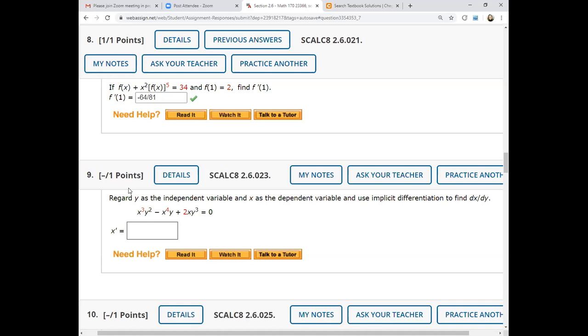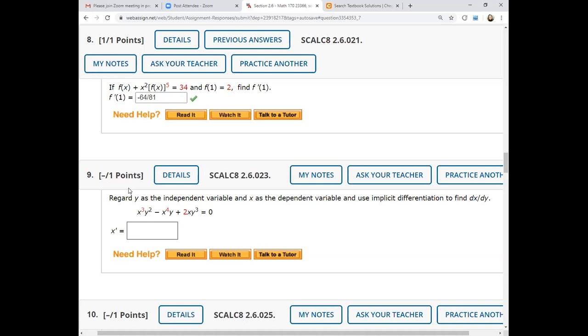So then, when you do the product rule, it says the derivative of the first times the second plus the derivative of the second times the first, okay?